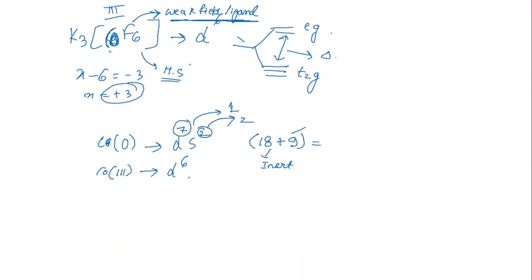So how will the electrons be filled? D6 electrons: if the energy gap is less, electrons can easily go 1, 2, 3, 4, 5, 6. If the energy gap is high, then it will go here. Understood, ma'am.